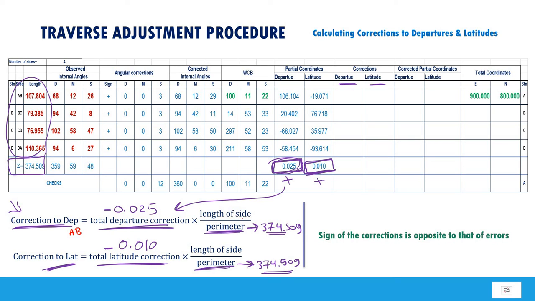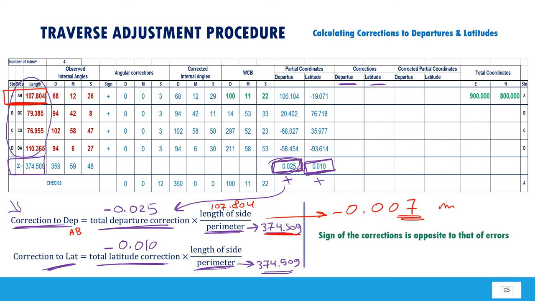The length of side AB is this value, 107.804, divided by the perimeter, and then I will get the answer. In this case, the answer would be minus 0.007 meters, so that is 7 millimeters.